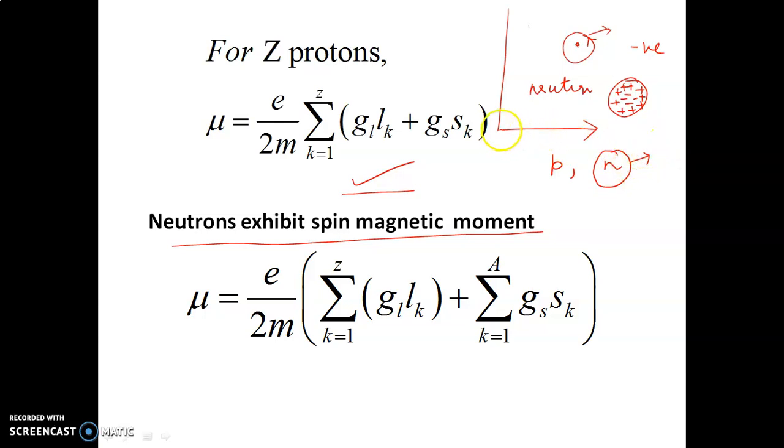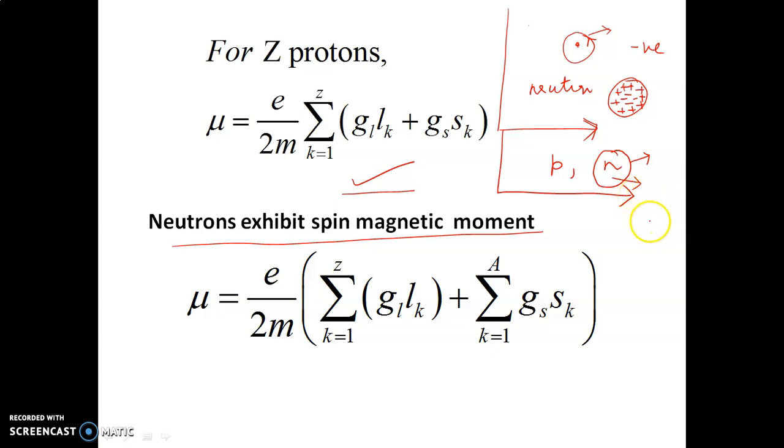We'll talk about these things in the last unit, elementary particle physics. But for now, it is enough to know, in this first unit, general properties of the nucleus, that neutrons also exhibit a magnetic moment which is opposite in direction to that of the protons. Protons have a positive magnetic dipole moment, and neutrons have a negative one.